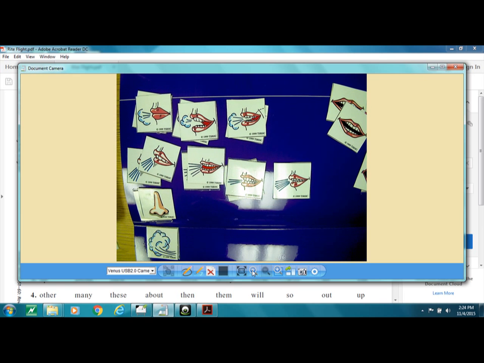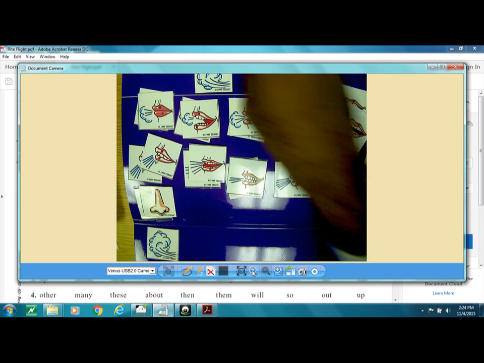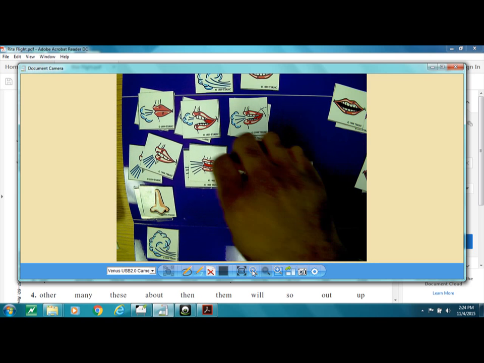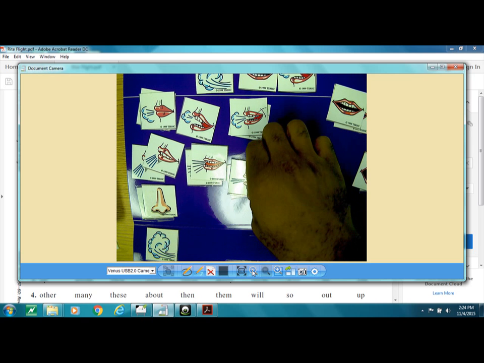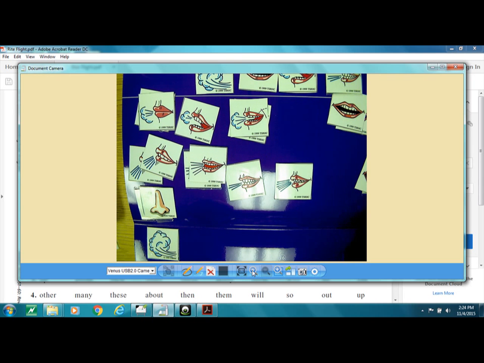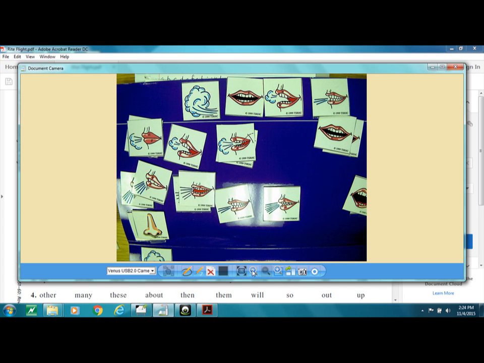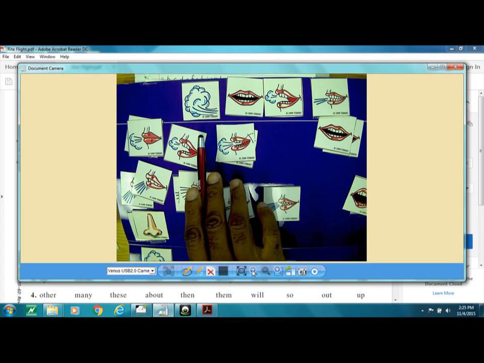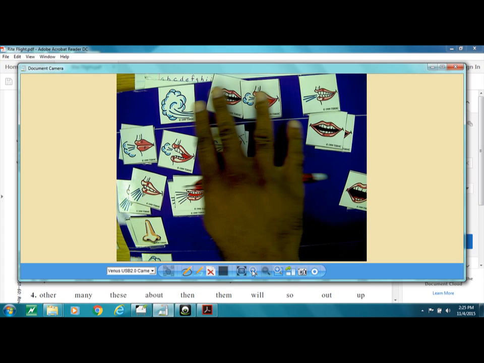I'll give you a moment to place them. Now this is going to be our base word right here.